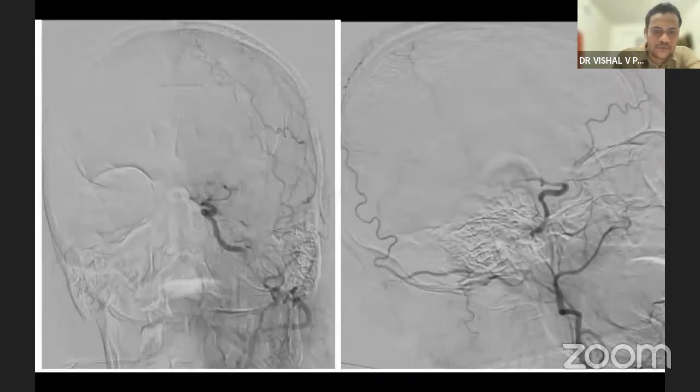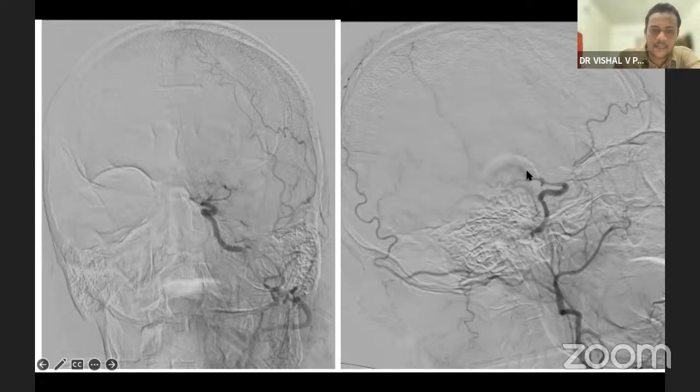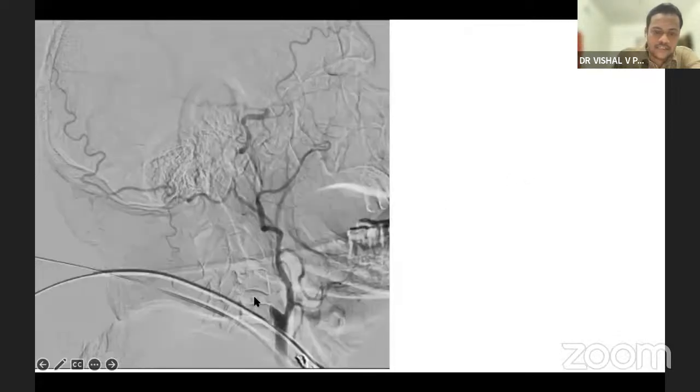This is another view, which also shows the petrous part and the cavernous segment filling, and there is no flow from the distal carotids. And this image shows the proximal carotid complete occlusion. There is no flow across the carotid, showing a flame-like occlusion in the proximal carotid.